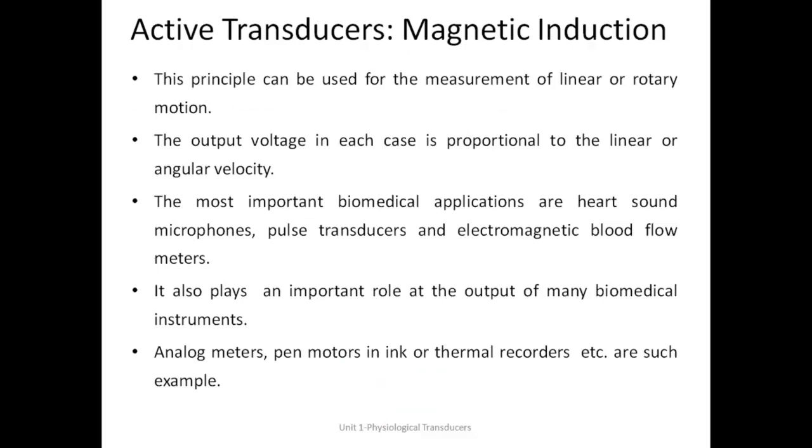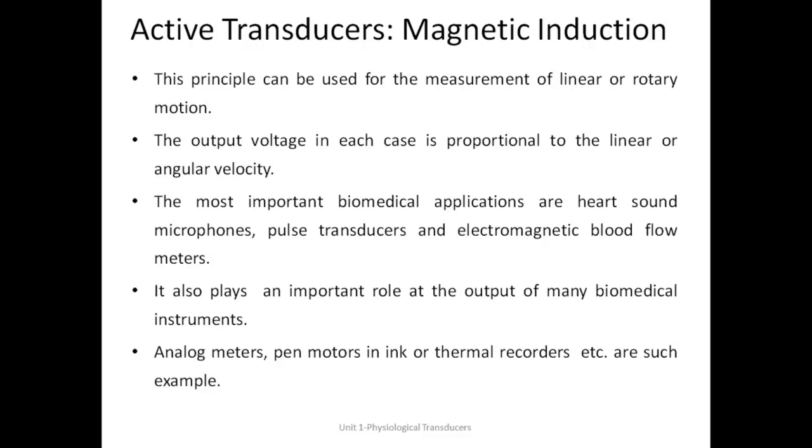This principle can be used for measurement of linear or rotary motion. The voltage that is produced in each case is proportional to the corresponding velocity. The most important medical applications are heart sound microphones, pulse transducers, electromagnetic blood flow meters, etc.